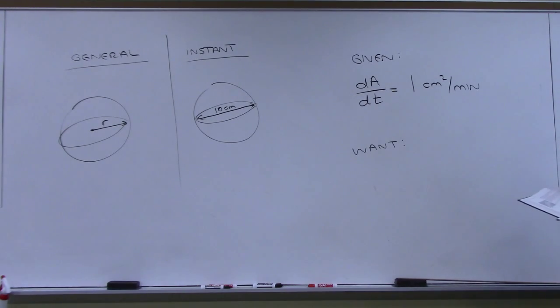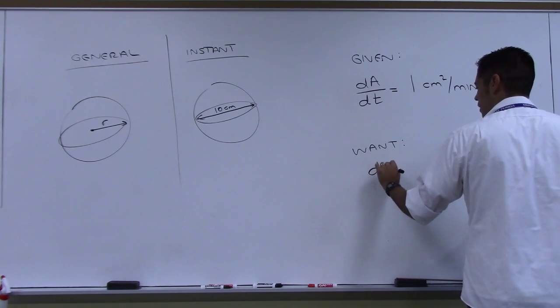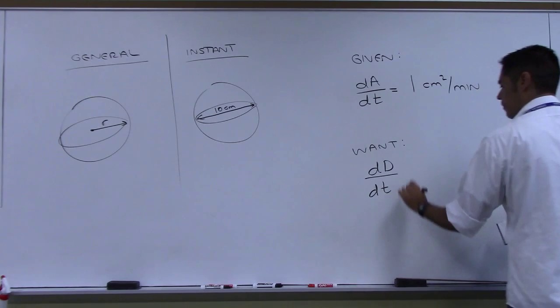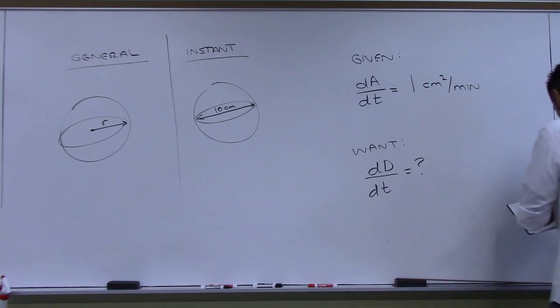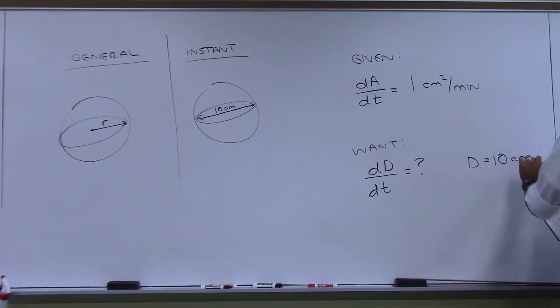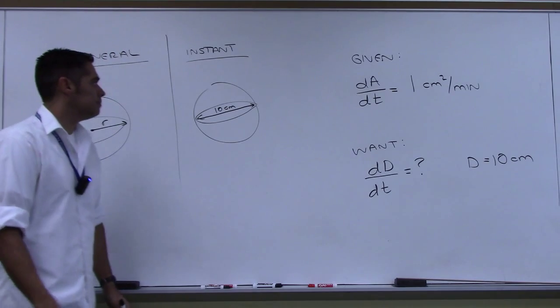You're asked to find the rate at which the diameter decreases. So I'm going to say D, I want to use capital D for diameter, dD/dt. And you want that at exactly the instant that the diameter is 10 centimeters. So that's the setup of the problem.